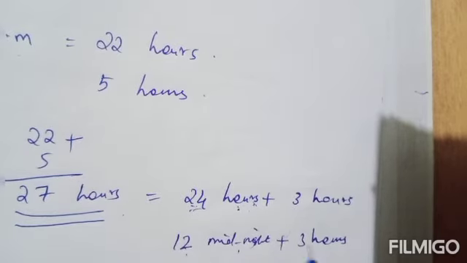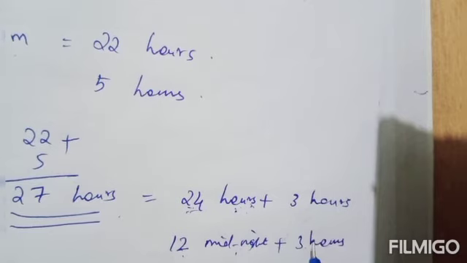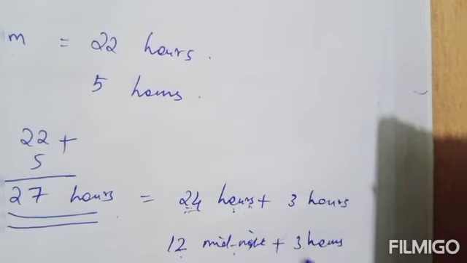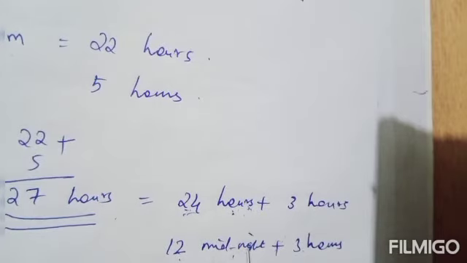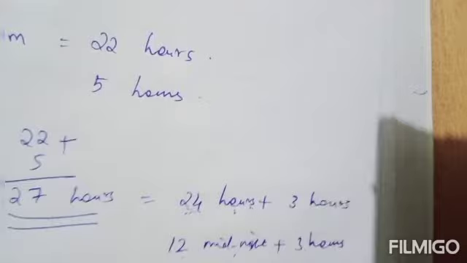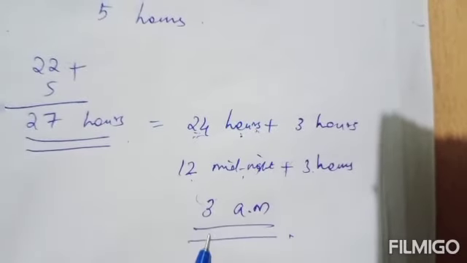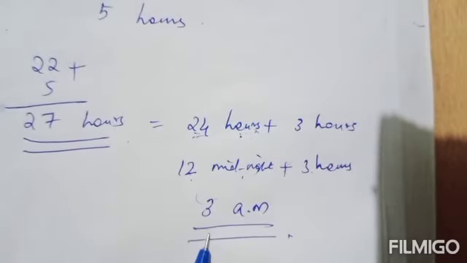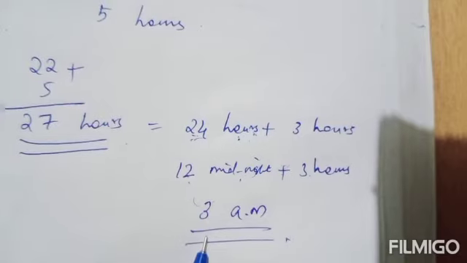Plus 3 hours, so what will be the time? 3 hours after 12 midnight it will be morning 3 o'clock, that is 3 AM. So this is the time, 5 hours after 10 PM.